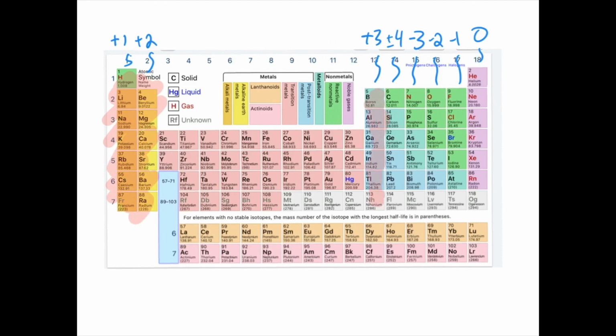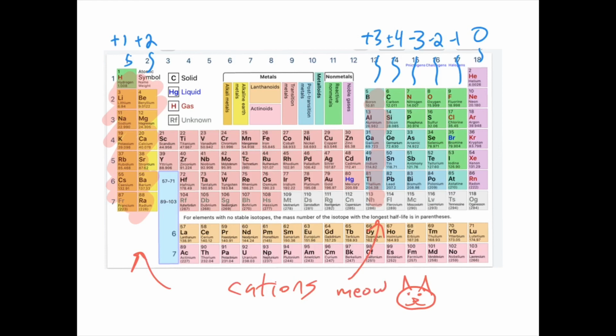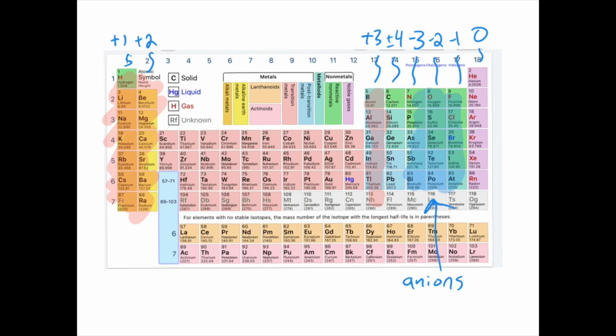So on the left side of the table, we see positive numbers. We call these cations because they are positive. So anything on the left side of the periodic table, or the 1 to 13, is going to be positive. On the right side of the periodic table, however, we have negative numbers. We have anions.